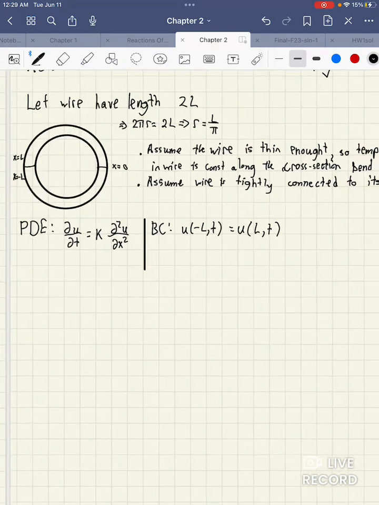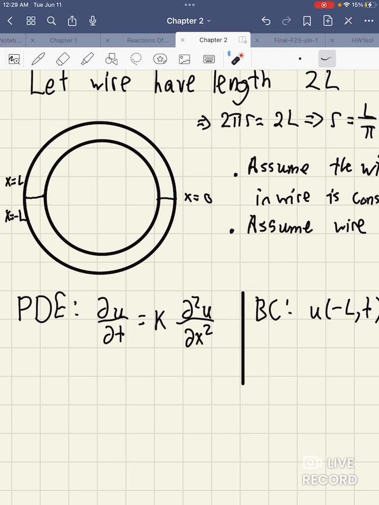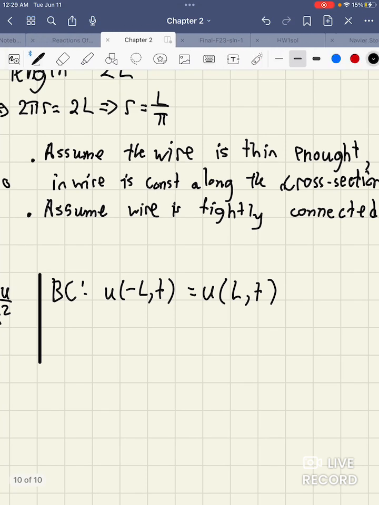The second boundary condition: not only is the temperature continuous, the heat flux is also continuous, meaning the heat flowing across these cross sections is the same at both points. So partial u partial x at x equal to negative L, t is equal to partial u partial x at L comma t.